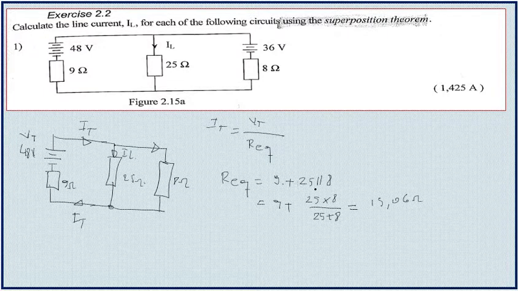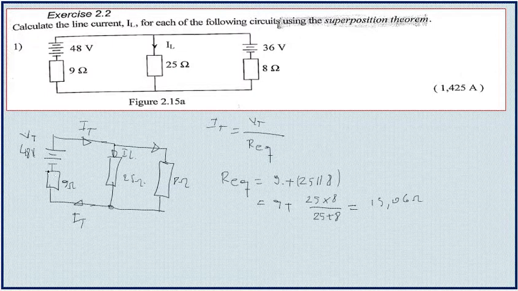How did I get this expression? Because these two resistances are in parallel, we can find their equivalent resistance. Since we only have two resistances, the equivalent resistance is the product of the resistances divided by the sum of the resistances. That is what we did here.